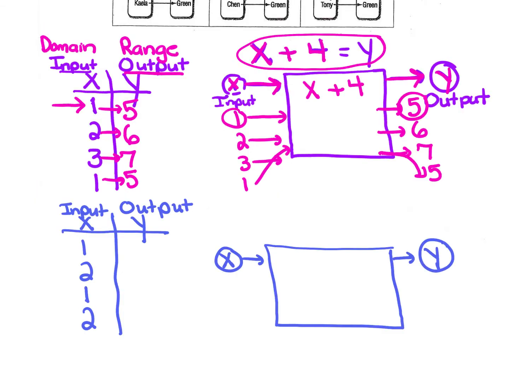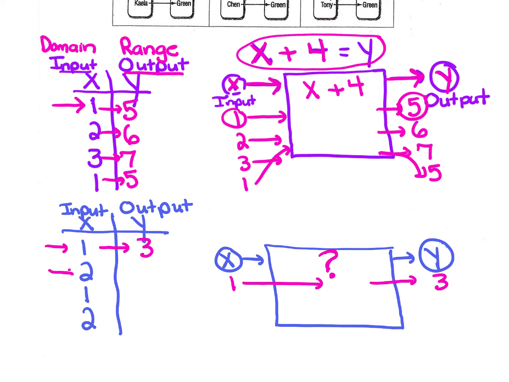Let's take this situation for example. Let's pretend that the machine is a mystery, but we input the number 1 into the machine. It goes into the function machine and the output is a 3.